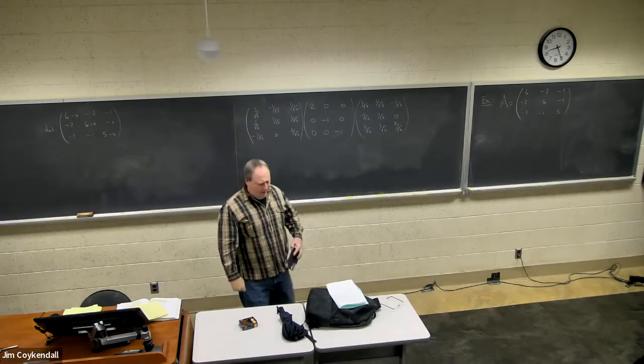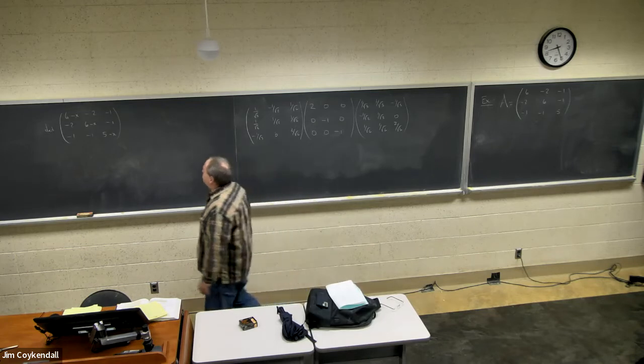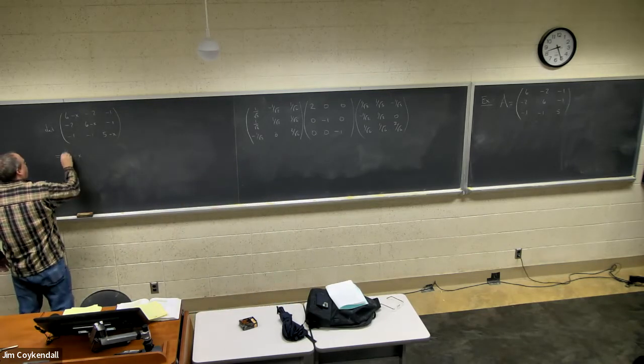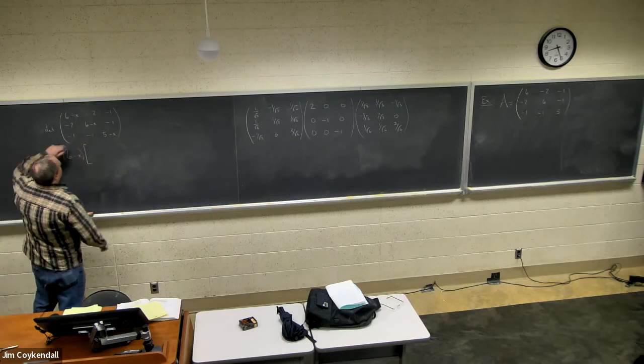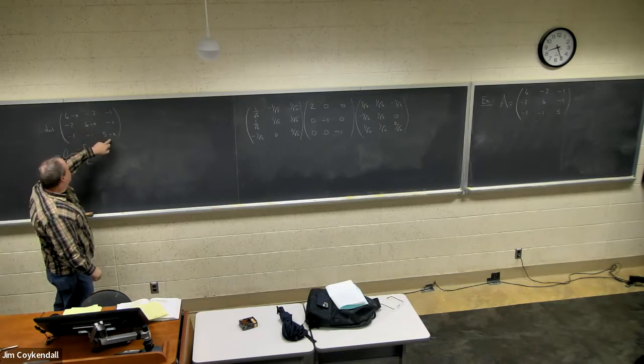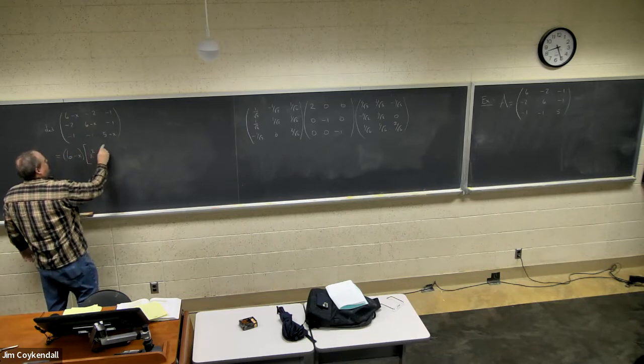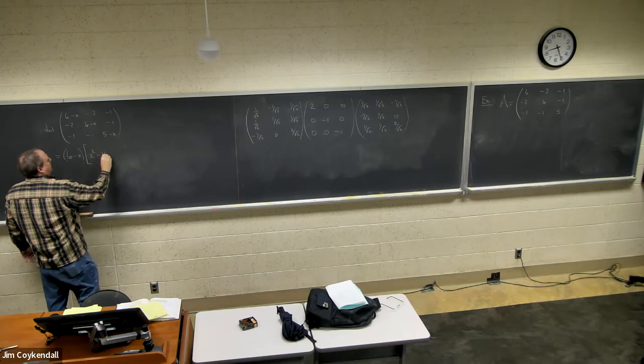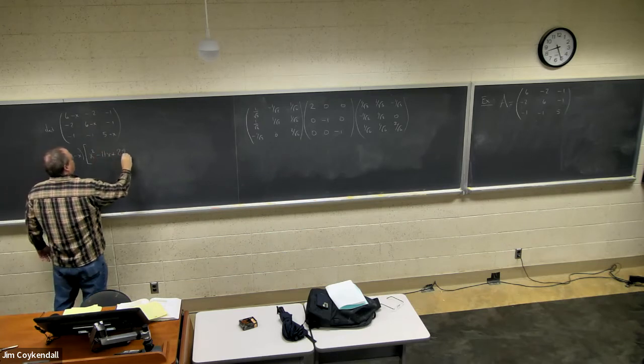This one gets a little bloody, actually. So let me go through this. 6 minus x. Okay, so you've got to multiply this out. That's going to be x squared minus 11x plus 30 minus 1, 29.